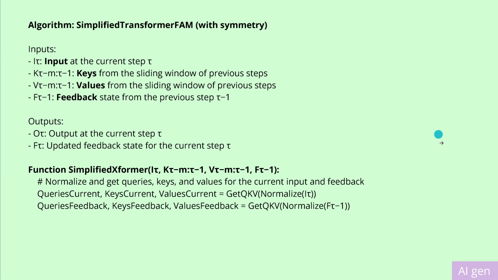You can go, and as I show you in the bottom right corner, this is AI generated text. I asked my GPT-4 system, for example, to translate this code into a simplified TransformerFAM with a symmetry. And this is what GPT-4 gave me back. So you see exactly explained what is the input structure, what is the output structure, how we normalize these things.